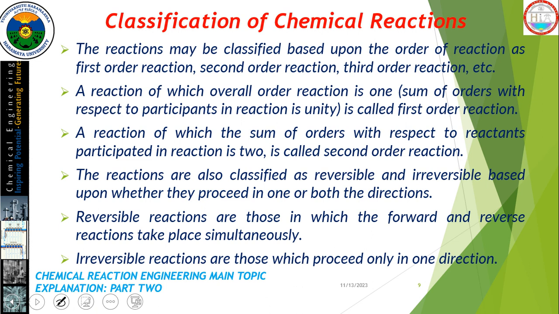The other one is that reactions may be classified based upon the order of reaction as a first order reaction, a second order reaction, a third order reaction. A reaction of which the overall order is 1, which means the sum of the orders with respect to the participants in the reaction is unity, is called a first order reaction, which means that the exponent is just equal to 1.